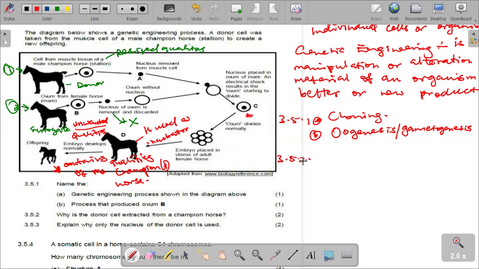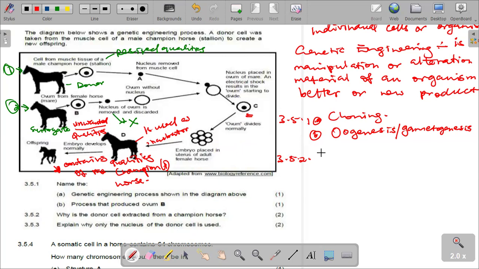3.5.2. Why is the donor cell extracted from the champion horse? We are saying, why is the muscle cell extracted from the champion horse? Because the champion horse contains the genetic information or genetic material that is required.